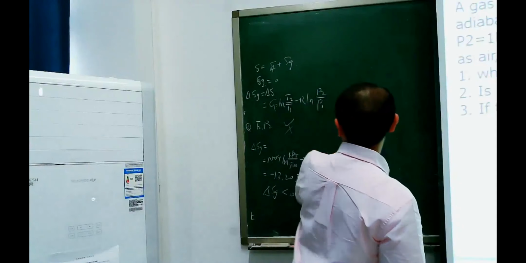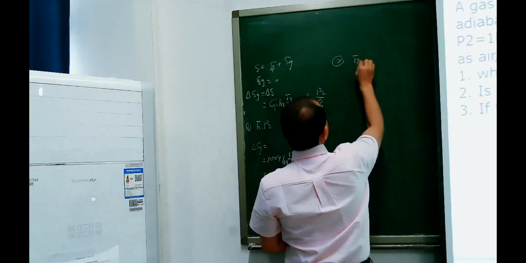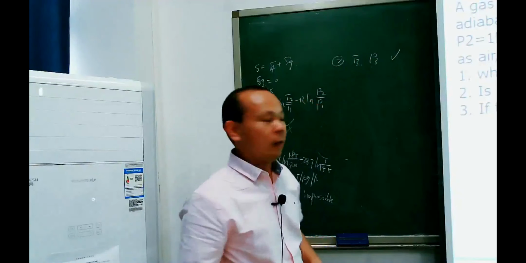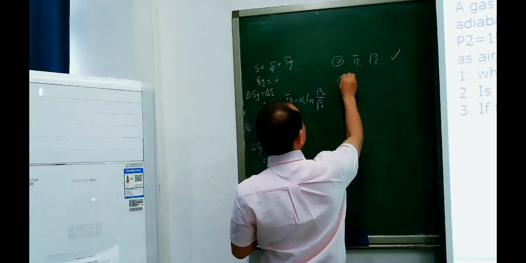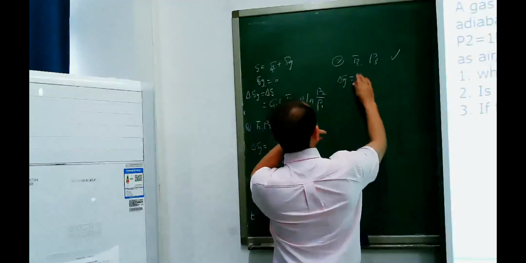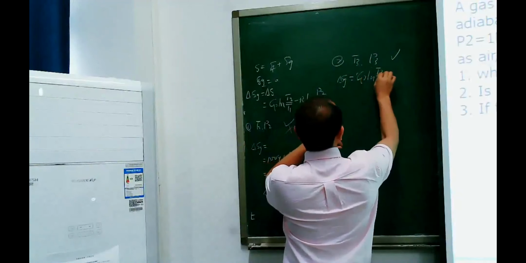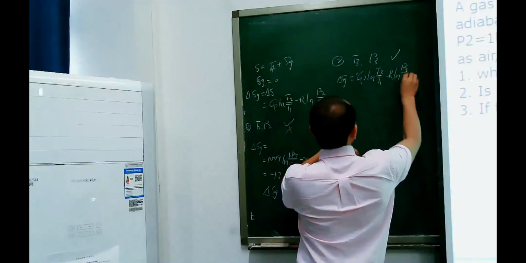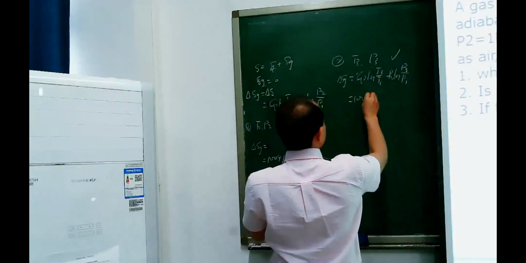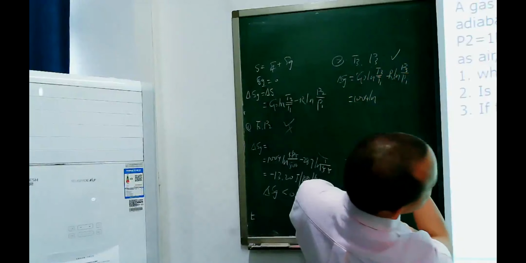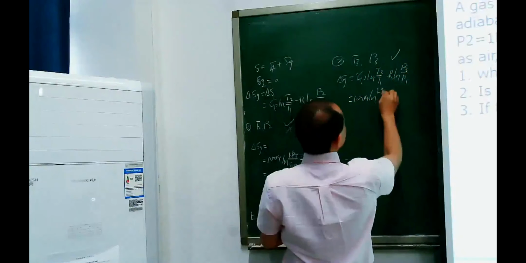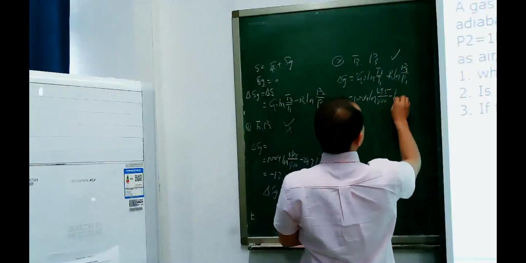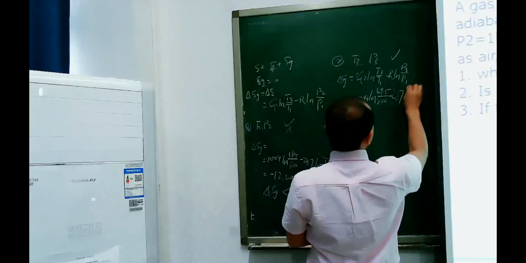And then we can try to calculate. Suppose we suppose T3 and P3 is right, okay? And then we can also calculate the delta SG, with CP like this one. T3 is 495, T1 is 500, and R is 287.